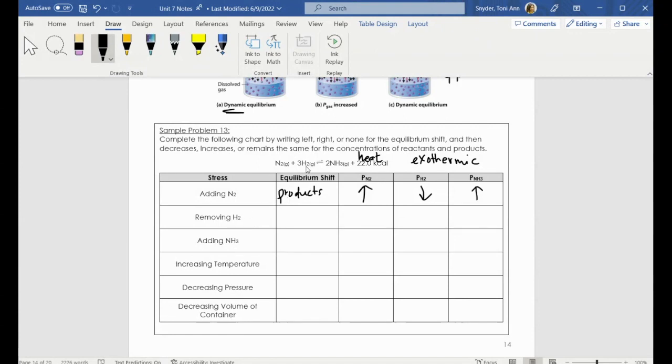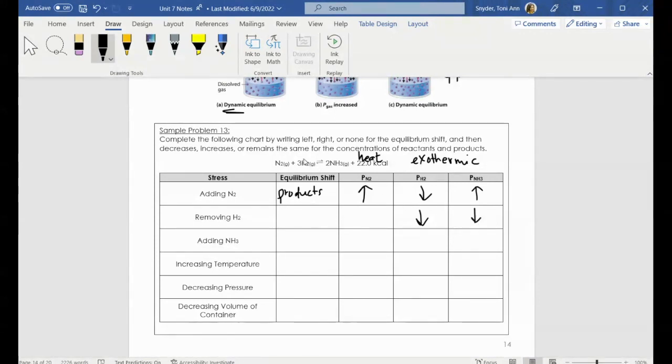What if I remove some hydrogen in this case? So I'm removing hydrogen. I already know I could decrease that right there. If I take hydrogen away, well, I can't produce as much ammonia from that, because if I don't have all that hydrogen, I'm not going to make as much ammonia. So my concentration of ammonia is going to go down.